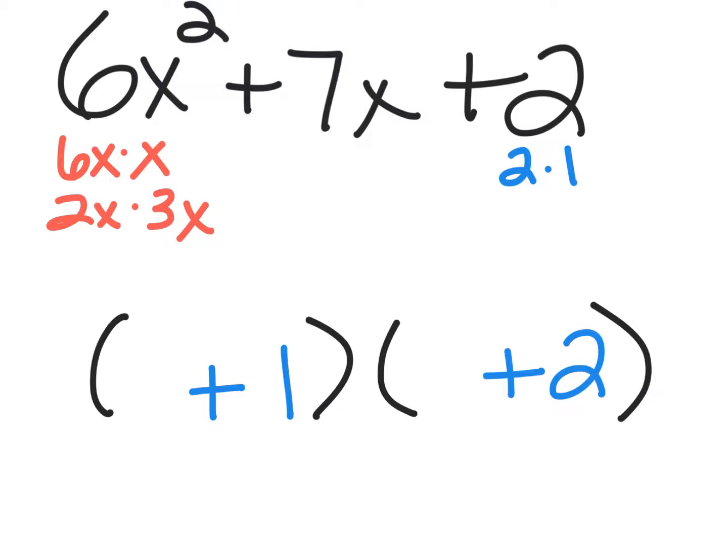But somehow we got to get the 7 in the middle here. So if I take the 6x and put it here, 6x times this 2 is going to give me 12x, and that's already bigger than 7. So I know I can't use that combination. And because the 6 is higher, it's probably not going to be the combination that works. So we're probably going to want to use the 2x and the 3x. So I'm going to go ahead and place 2x and 3x, and we're going to go to the next slide and look at a generic rectangle to see if that worked.